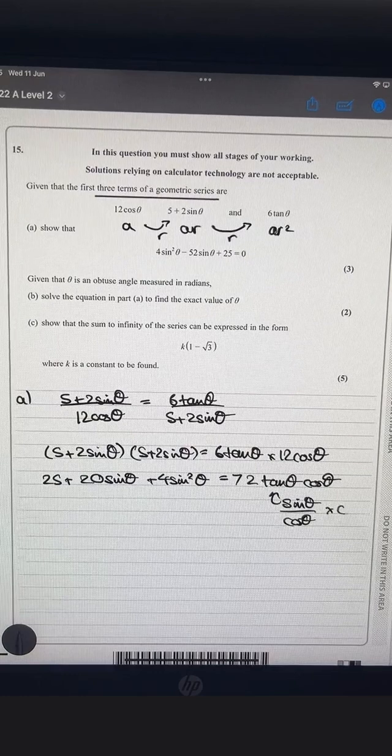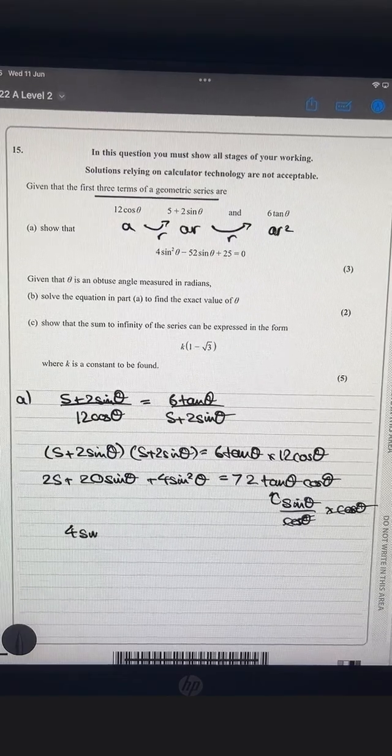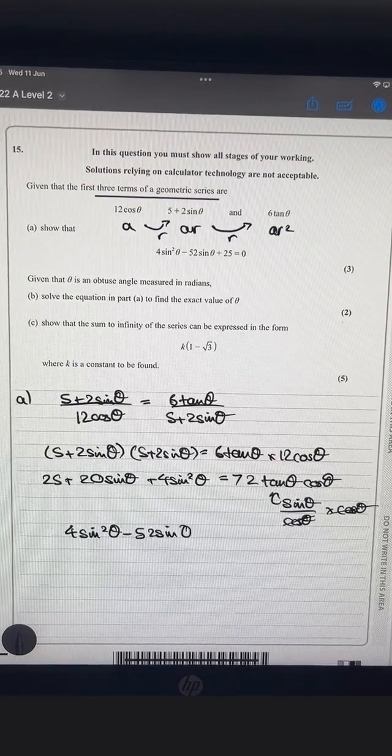So the cos theta is just going to cancel, and I just get sine theta. So this equals 72 sine theta, and if I subtract 72 sine theta from both sides, I get 4 sine squared theta minus 52 sine theta plus 25 equals 0. And that is exactly what the question wanted me to show. 3 marks in the bag.